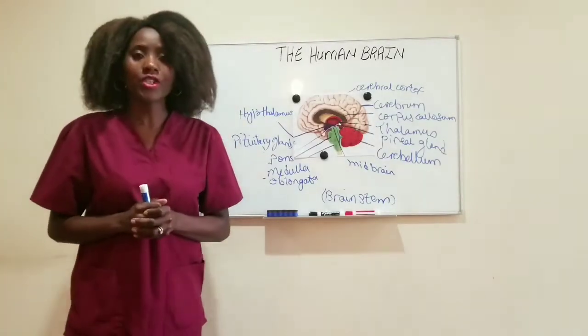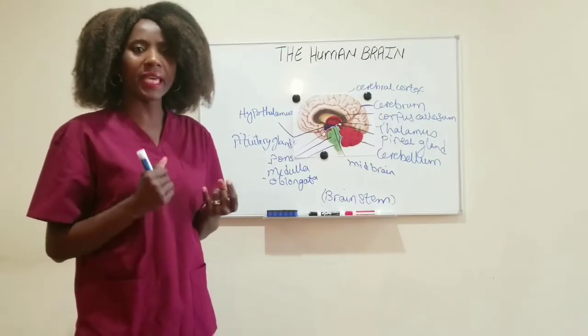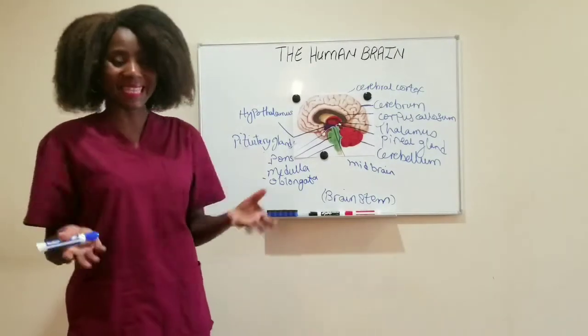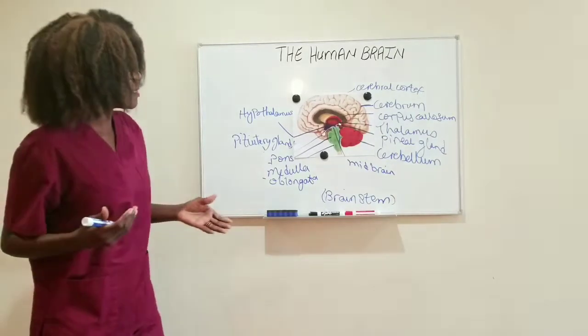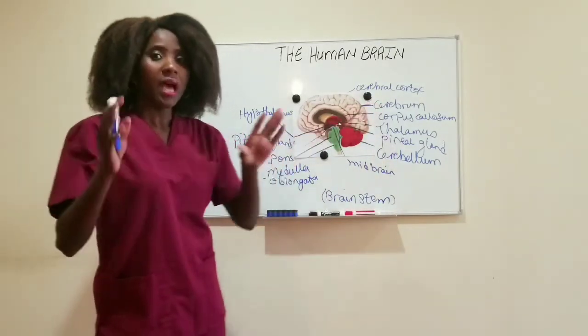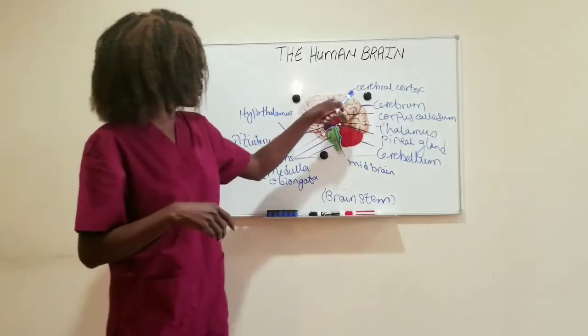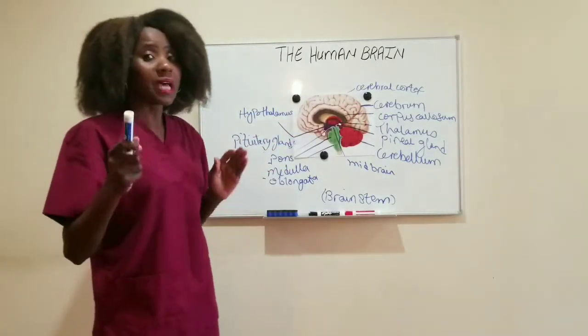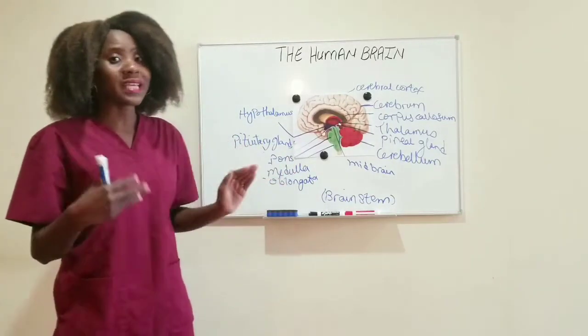So functions such as thinking, learning, memory, and interpretation of data, those are the responsibilities of the cerebrum. And of course, remember I said the cerebral cortex is the outer layer of the cerebrum. So sometimes you would hear them being used interchangeably.